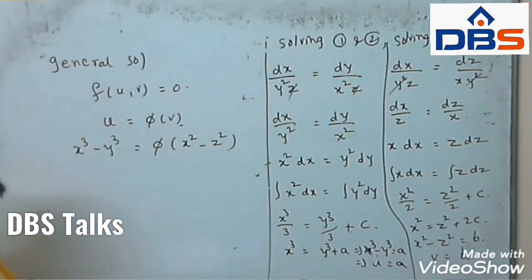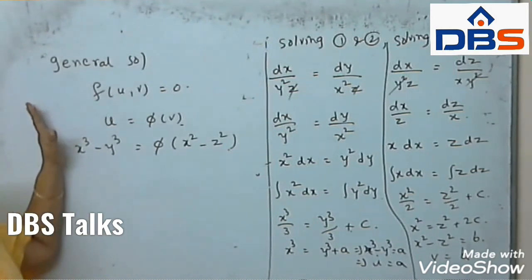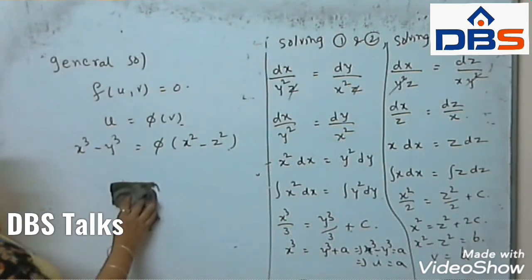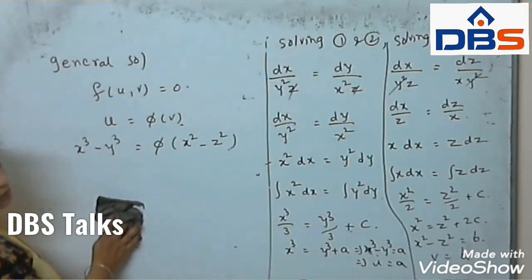So this is the method of finding the solution of Cauchy's linear partial differential equation. Okay, next let us go to one more example. Here finding the solution means finding the functions u, v.